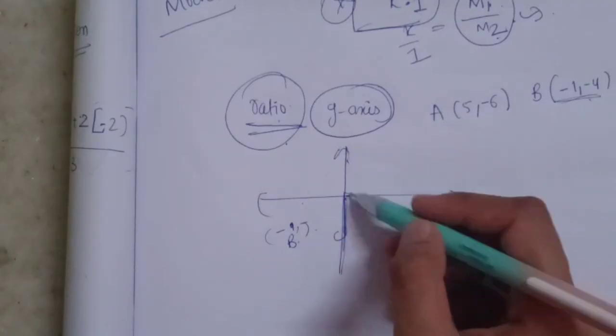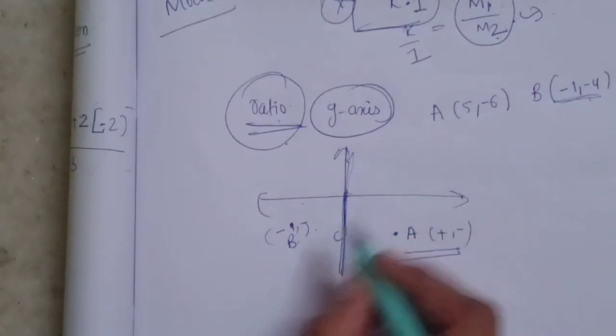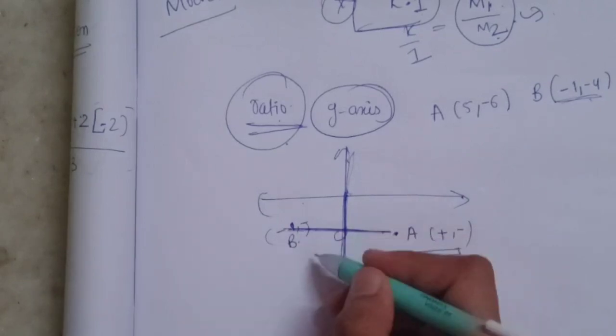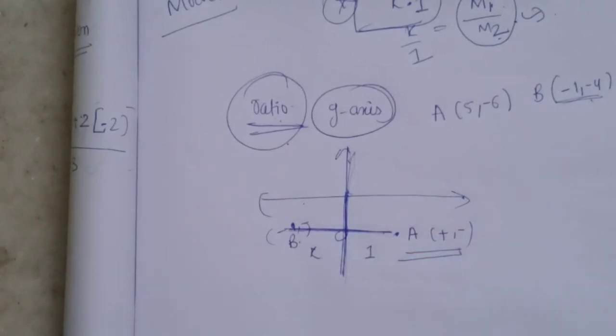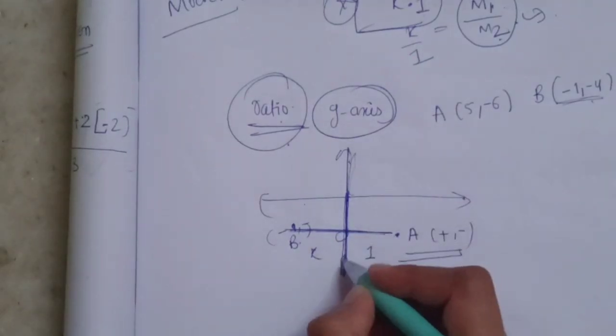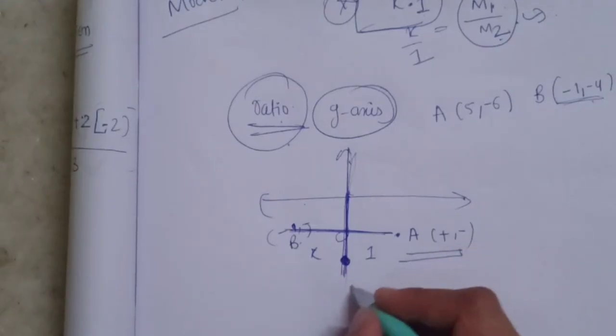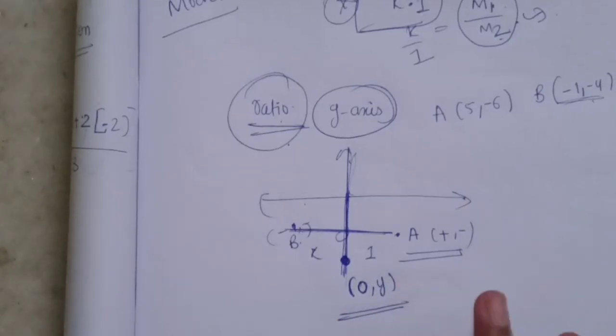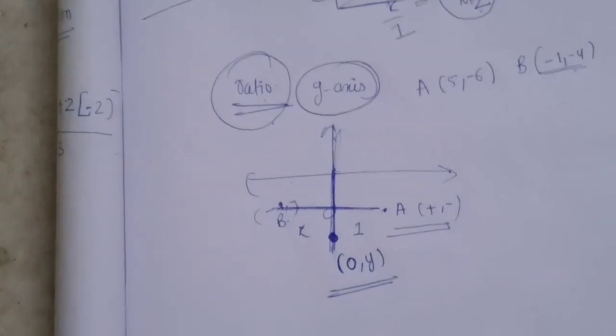So the y-axis divides the line segment formed by these points into a certain ratio. We need to find out what it is. I've already told you the points on the y-axis. What are its coordinates? X value is 0, comma y. Okay. Now the problem is solved.